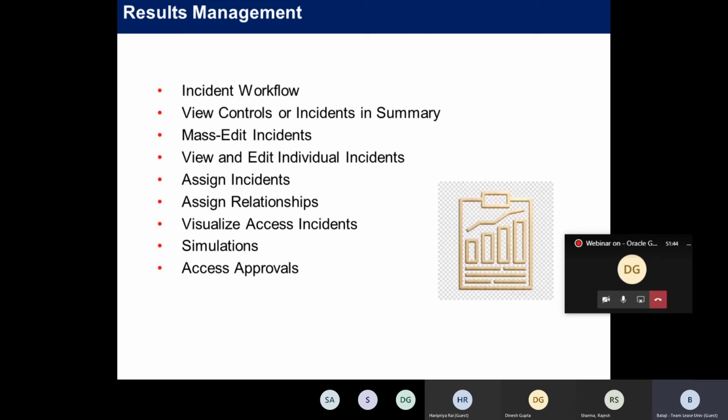Then those deviations will be approved. So it's a set of processes we take by viewing the incidents online on the screen, or through reports, or through visualizations and simulations. I'll show you in access controls how a visualization would look.